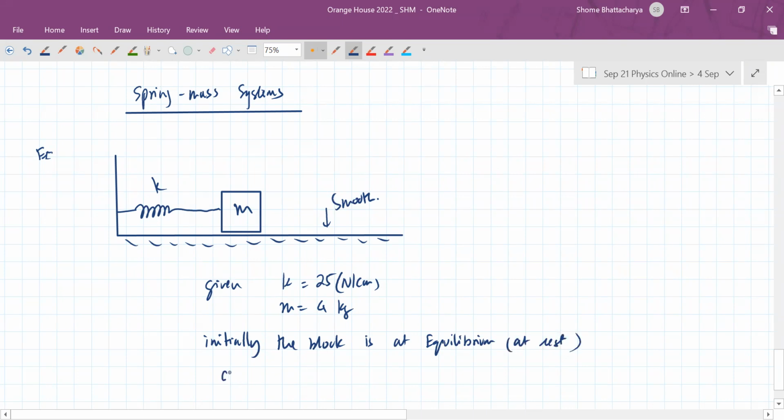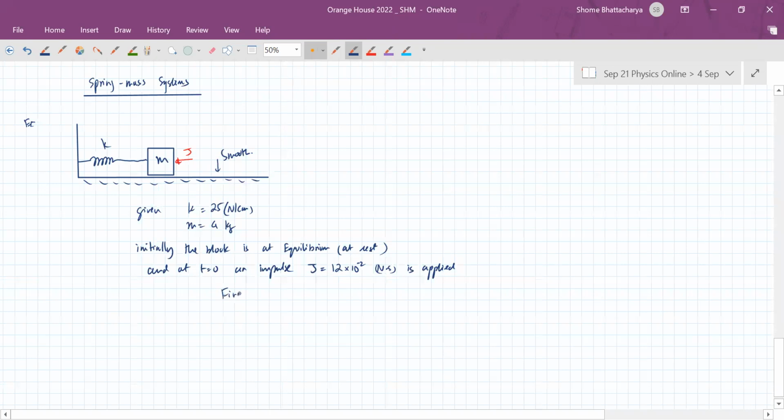And at t equal to 0, an impulse like this, an impulse equal to, is applied.